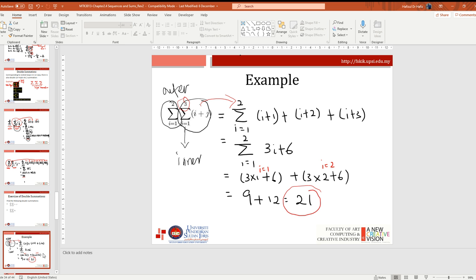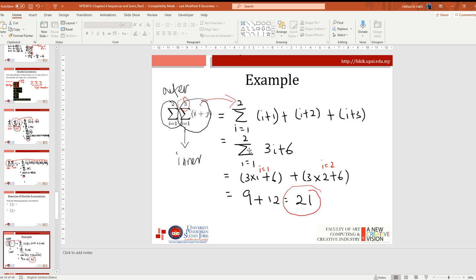First we go by the example. For example, we have the outer loop and the inner loop. The inner loop is j equal to 1. And for the total we have 3i plus j. And then for the sum 2 we put 2. This one is for the outer: i plus 1, i plus 2, i plus 3.